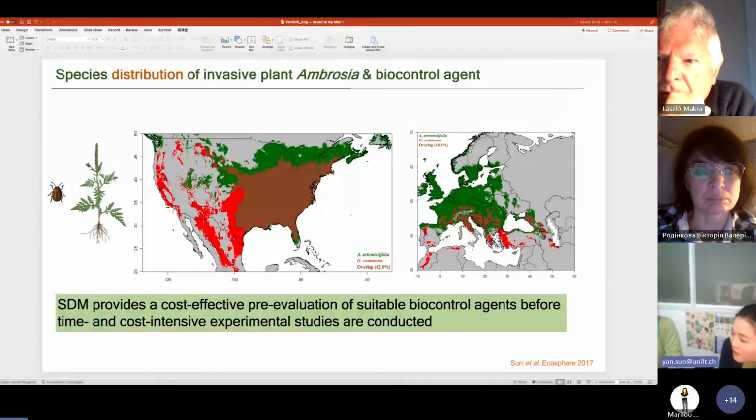The harm on other biota should be examined experimentally, and for current biocontrol projects, very restrictive risk analysis and assessment is done experimentally. The model can only help people identify suitable areas to find the species, or where to release, how many to release, and the priority of the release.